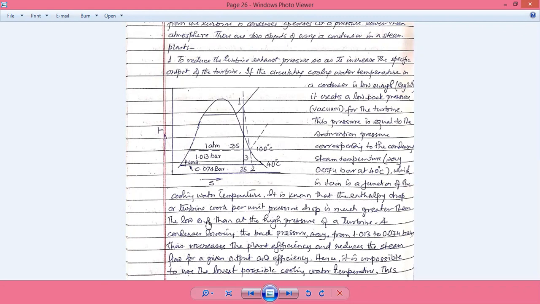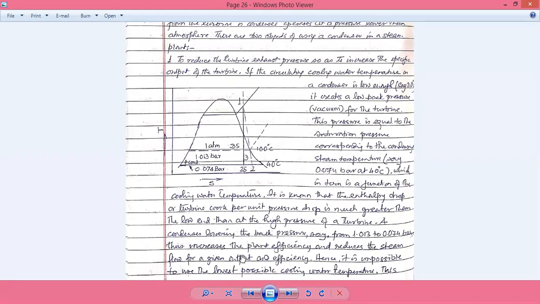The enthalpy drop, or turbine work per unit pressure drop, is much greater at the low-pressure end than at the high pressure of the turbine. The enthalpy means the heat energy. So at the condenser, the back pressure goes from atmospheric pressure, 1.03 bar, down to 0.074 bar, which is less than atmospheric pressure.